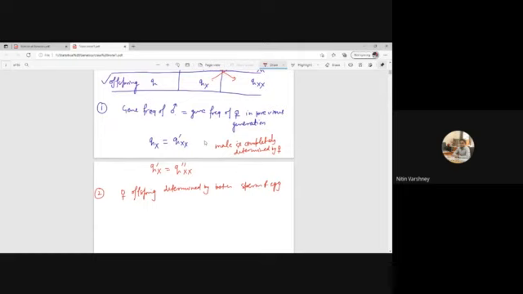So the gene frequency of female will be the simple average of male and female frequency of the previous generation.